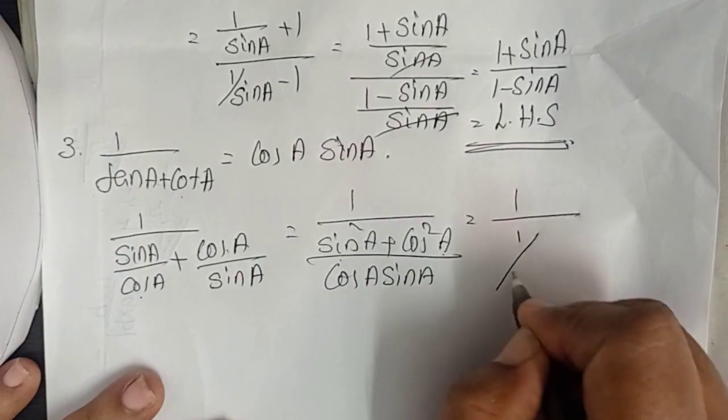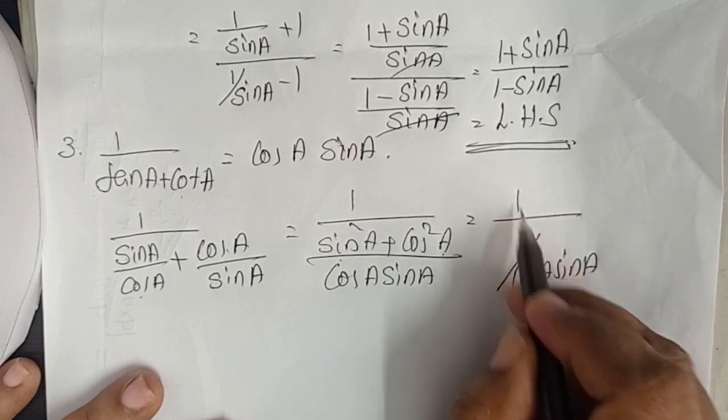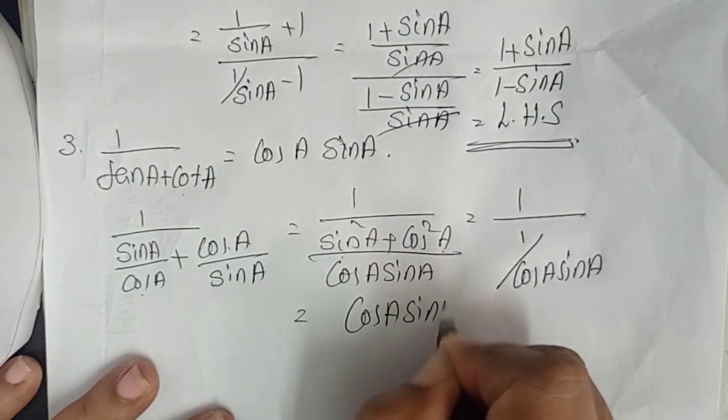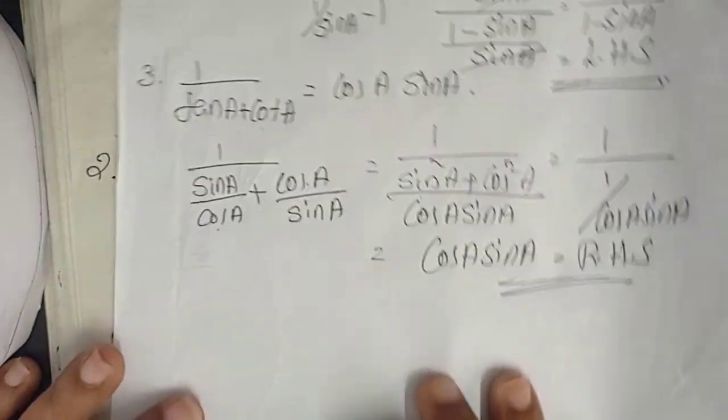Yes, 1, by cos A sin A. Therefore, what is 1 by 1 by cos A sin A? That is cos A sin A. That is the RHS, hence proved.